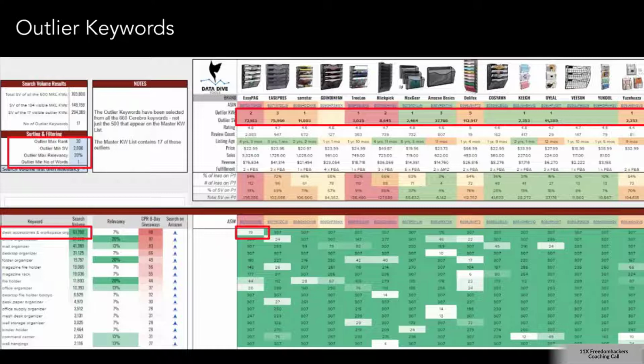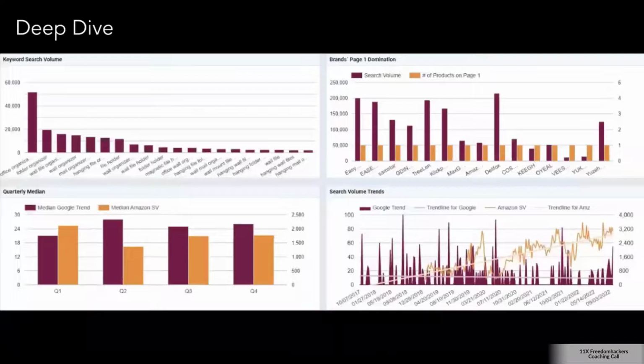But if we find these, they are the gold nuggets, and we want to take advantage of them, because these are keywords with high search volume, which most competitors either don't know about, have forgotten, or don't even know how to find. Those are the kind of competitors we want to compete against, right? Makes sense? If we do this, we are going to be pumping up sales.